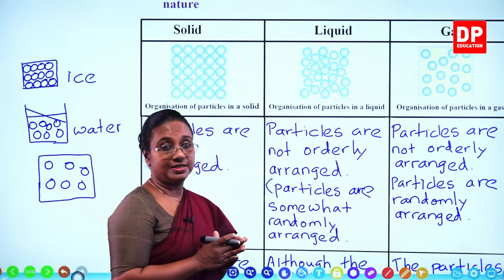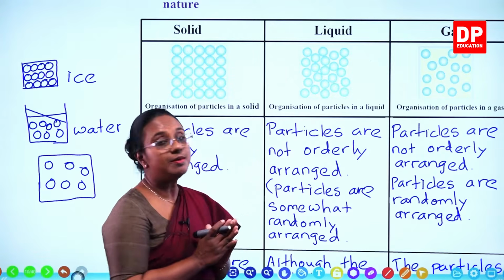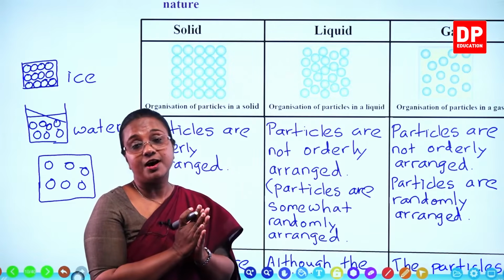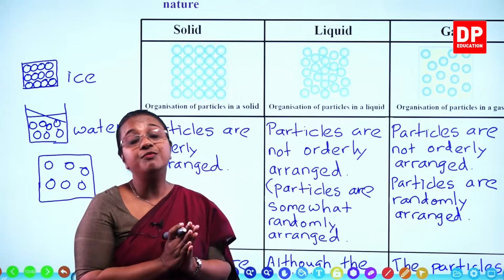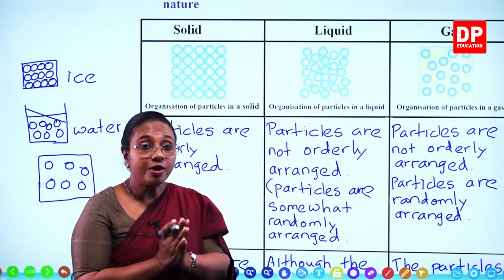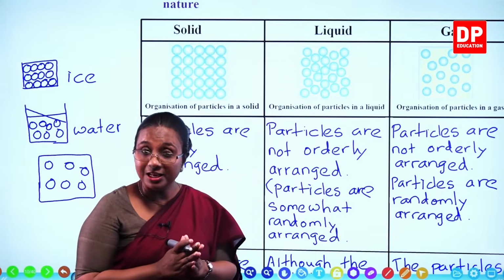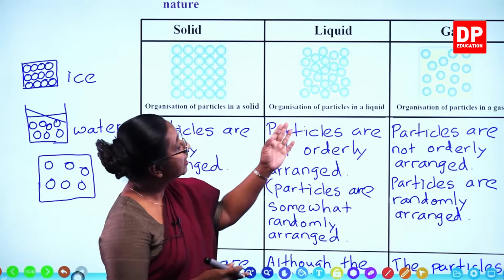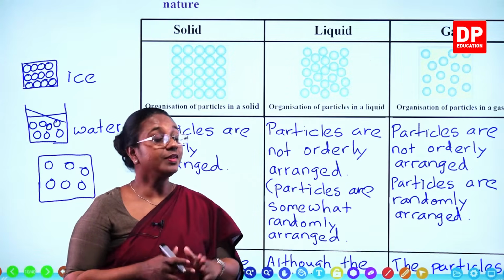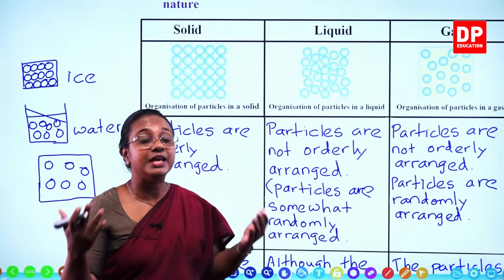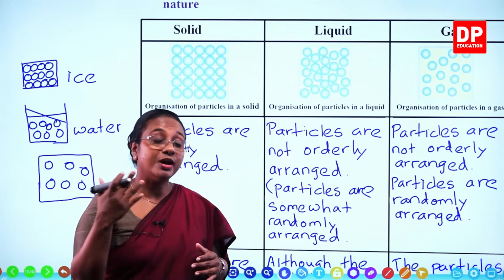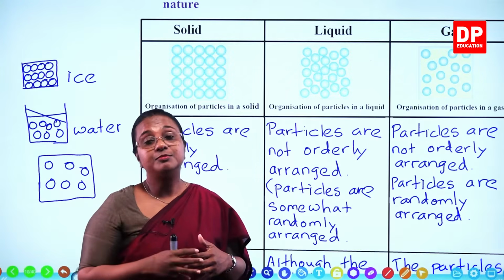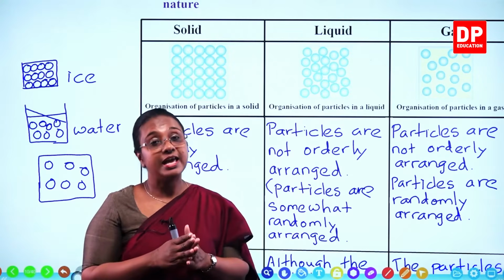But in liquids, you can see there is a small amount of bonding. So because of that, the particles are somewhat far apart, but they cannot move completely freely. So they will have a definite volume, but they will not have a definite shape. Whereas if you take the gases, they don't have a definite volume, they don't have a definite shape. You can remember the joss sticks, the grey color fumes, they spread throughout the air.